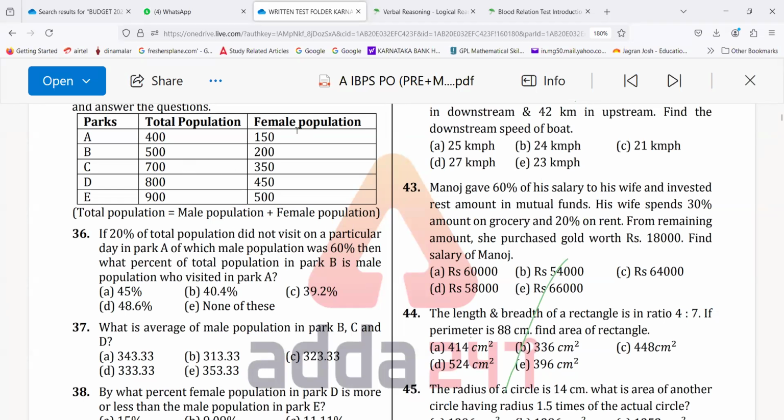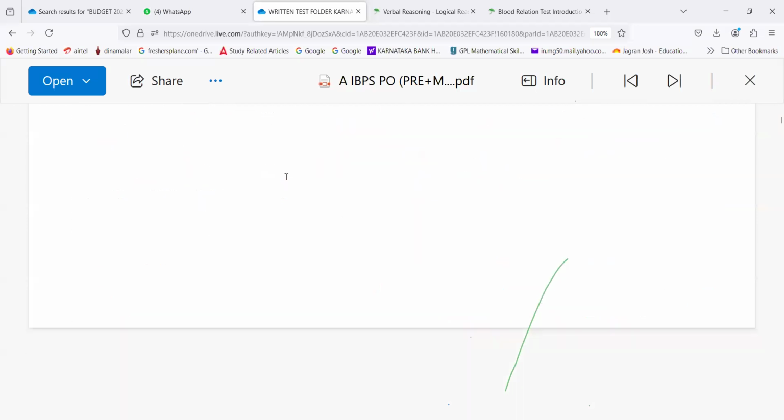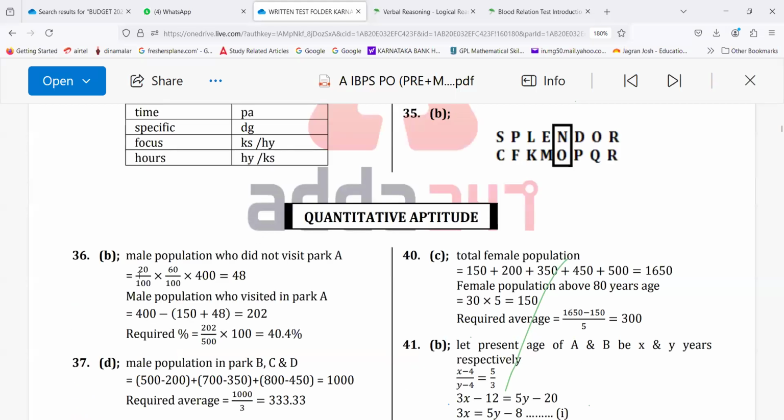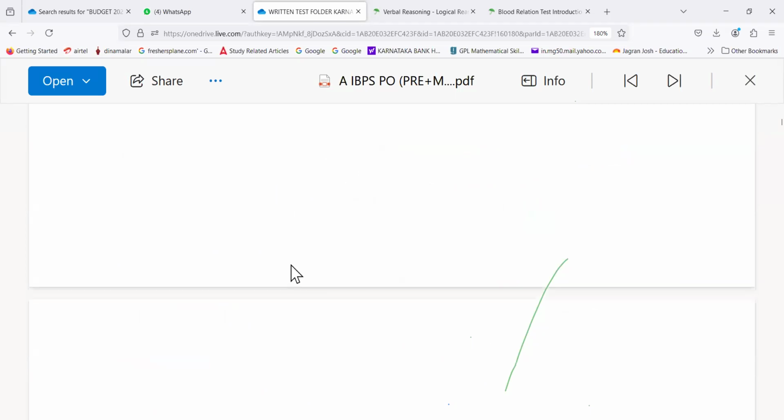The 48 is deducted from 250, the total male population in A. Yes, that will be deducted. 150 plus another 48 is 198 will be deducted. So that will be 202. So the required percentage is 202 divided by 500.